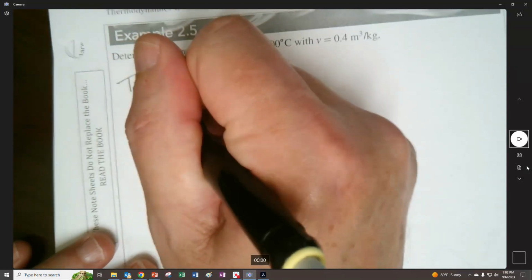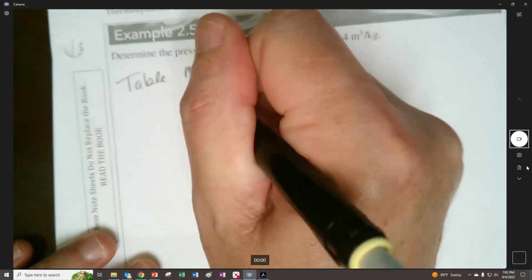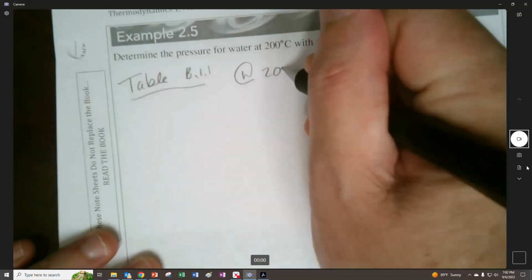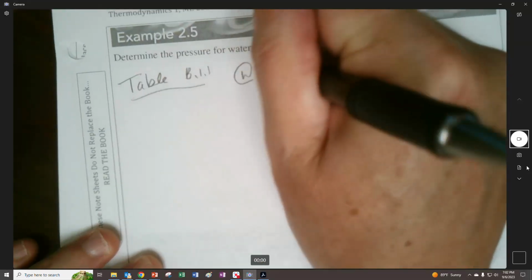So let's document these things that we just did. First, we went to table B.1.1, and at 200 degrees, I like to write the T in there.